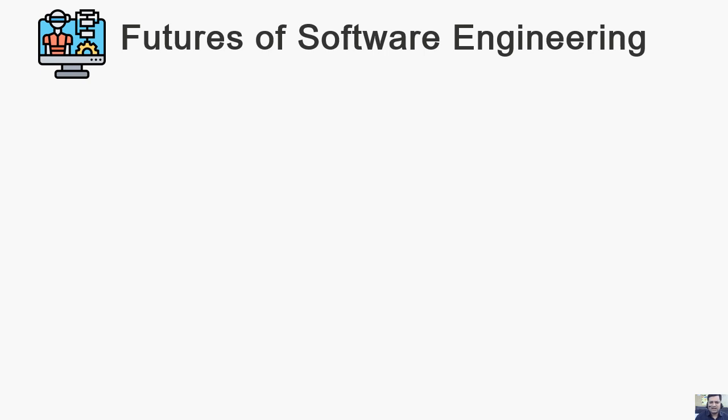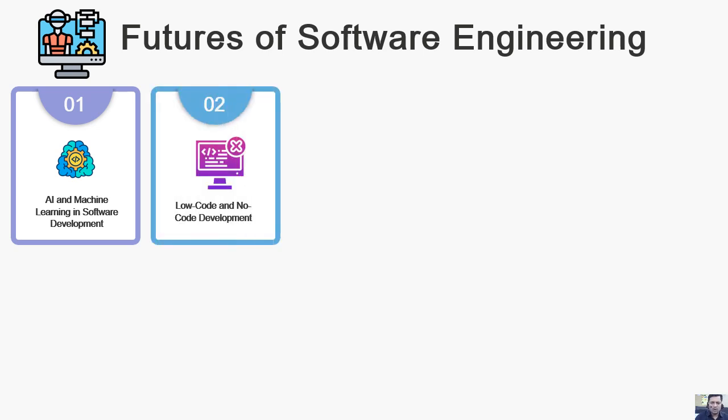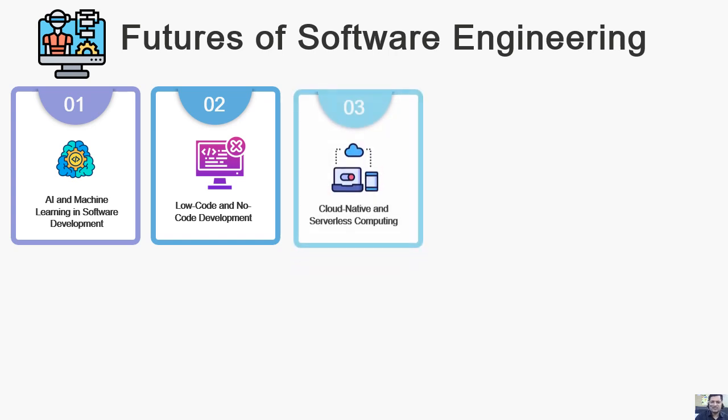The last topic that I'm going to cover is the future of software engineering. Number one is AI and machine learning in software development, which is a very fast-growing technology everywhere in the world. Second, low-code and no-code development, and in future we will also have cloud-native and serverless computing technologies.